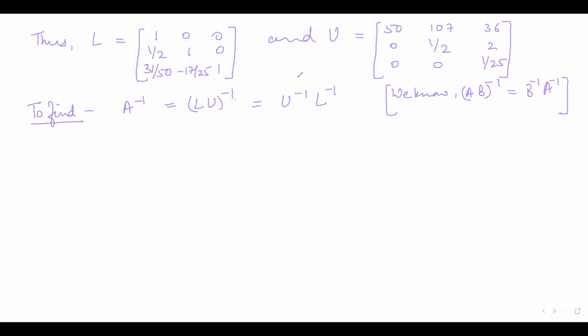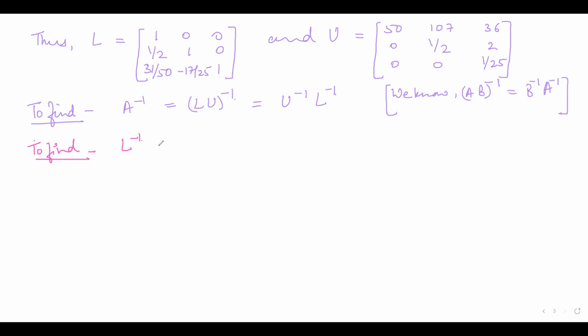So now we'll find out the inverse of L and U separately. So let us find L inverse. First of all, we'll be finding out the L inverse, and also you can then find out the U inverse.